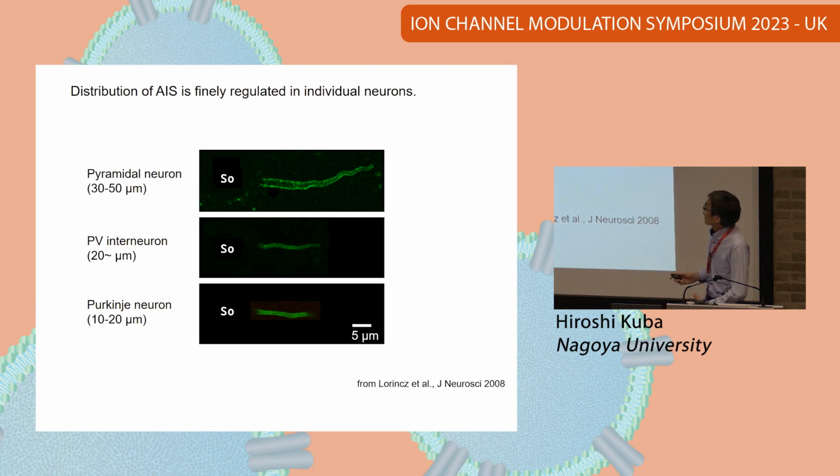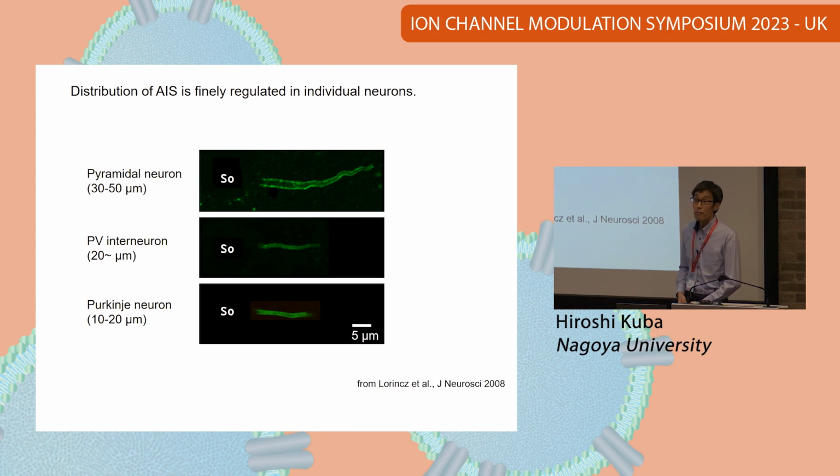So it is now evident that the distribution of the AIS is more diverse than previously thought and differs among neuronal types and brain regions. For example, the AIS is very long in layer 5 pyramidal neurons, while it is much shorter in cortical interneurons and cerebellar Purkinje neurons.